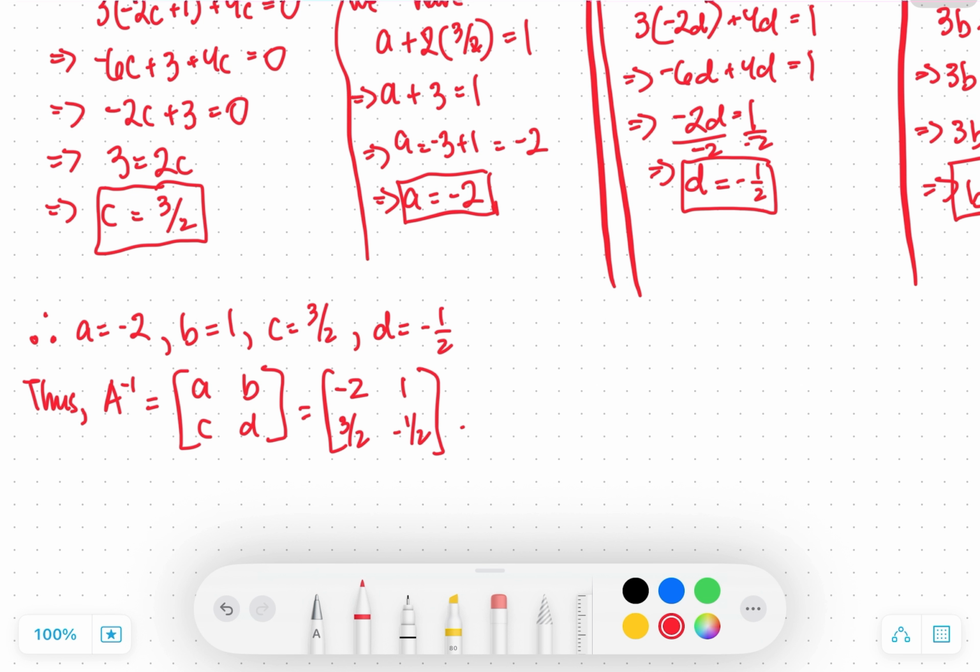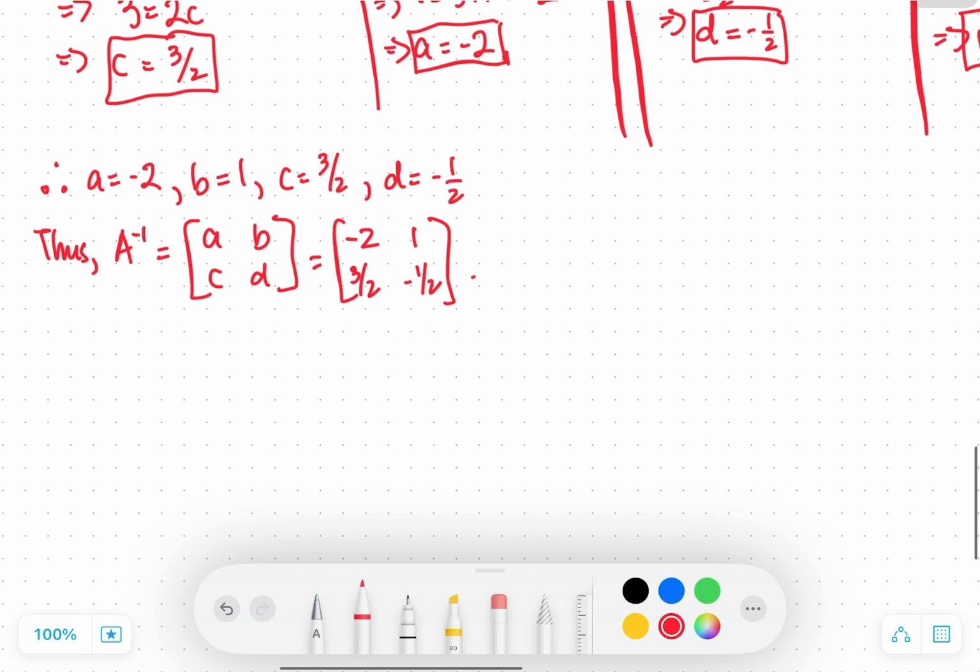We can also verify that if you want. To verify, we should show that A times A inverse is equal to A inverse times A, which is equal to I sub n. Since it's 2 by 2, we want to show that it's equal to I sub 2.